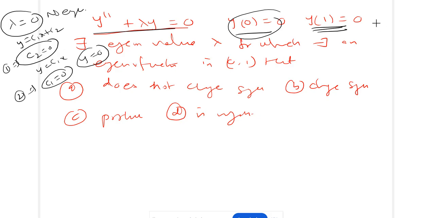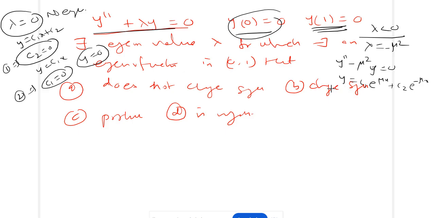In the same way, for lambda less than 0, we take lambda equal to minus mu square. Then y double dash minus mu square y equal to 0. Writing the characteristic equation, the auxiliary equation, we get distinct roots, so the solution is y equal to c1 e power mu x plus c2 e power minus mu x.